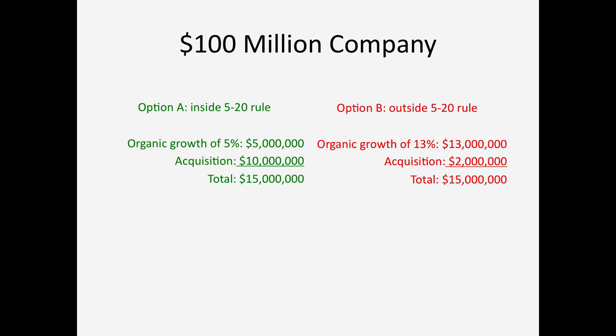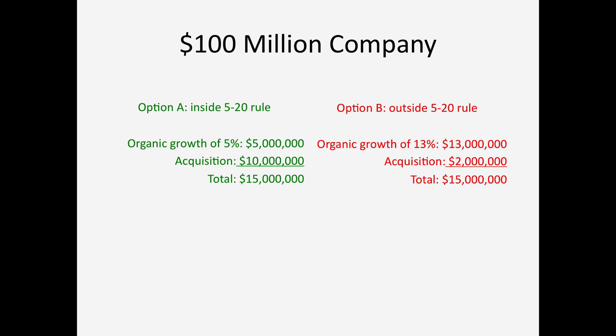Option B in the red text is another scenario that the CEO of this $100 million company could envision. But in this case, they're looking at an acquisition of just $2 million. And so now they've got a problem because they're only going to pick up $2 million of new revenue.